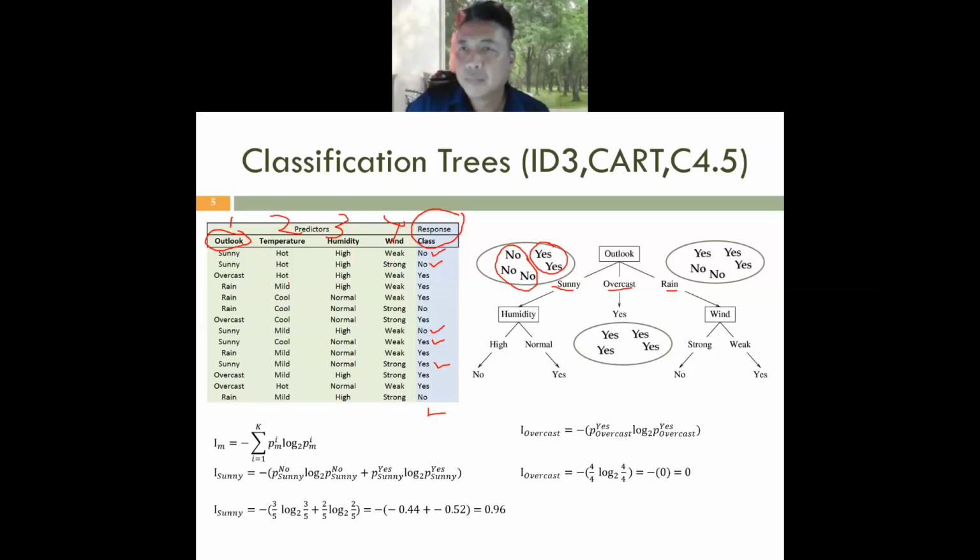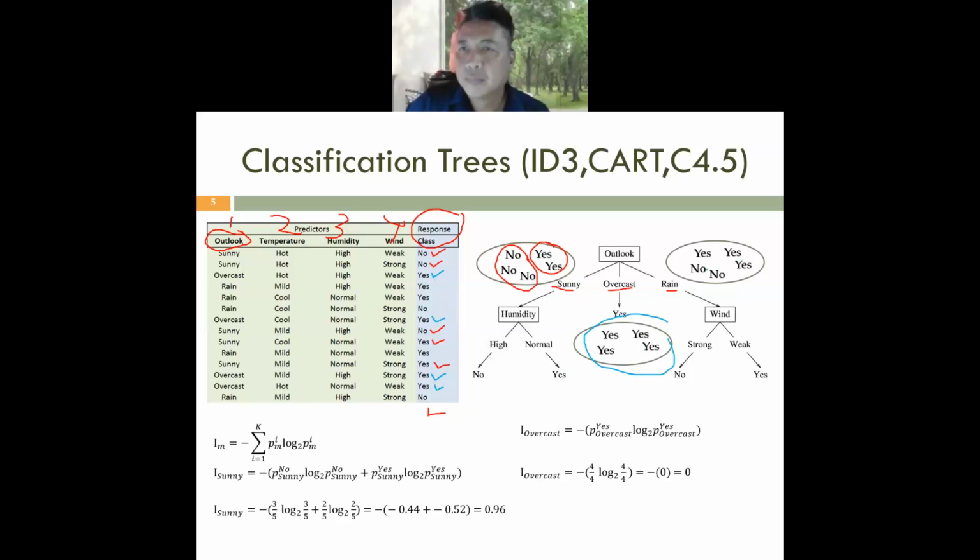If you look at the overcast, let me use a different color. If we use the overcast, we have 1, 2, 3, 4. So we have 4 yeses, all 4 yeses here.